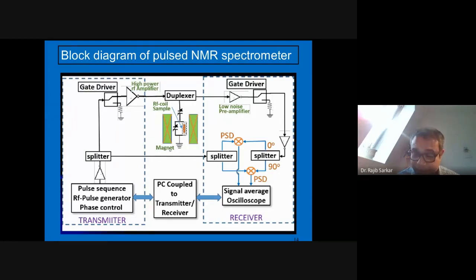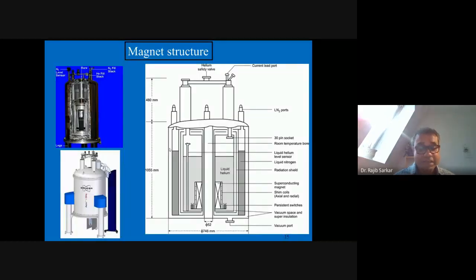So I want to give you a little information about what kind of magnets people are using nowadays. Mostly people are interested in higher fields, so they want a superconducting magnet. This is a cross-sectional view of a superconducting magnet.